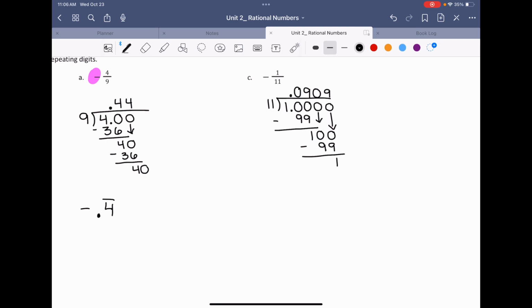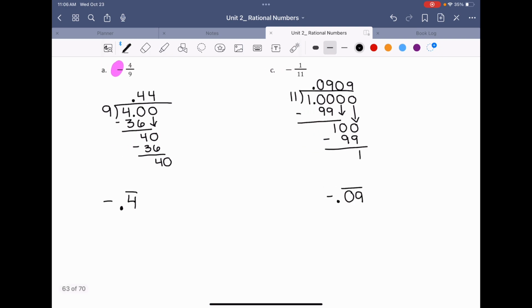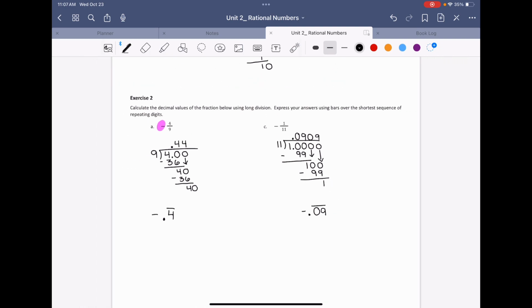So what's happening is 0, 9 is repeating. I'm going to have the same 2 steps that keep going on and on. So my answer would be negative 0.09 repeating. So be very careful when you notice patterns like that. Keep going a little bit just to make sure that that is true.